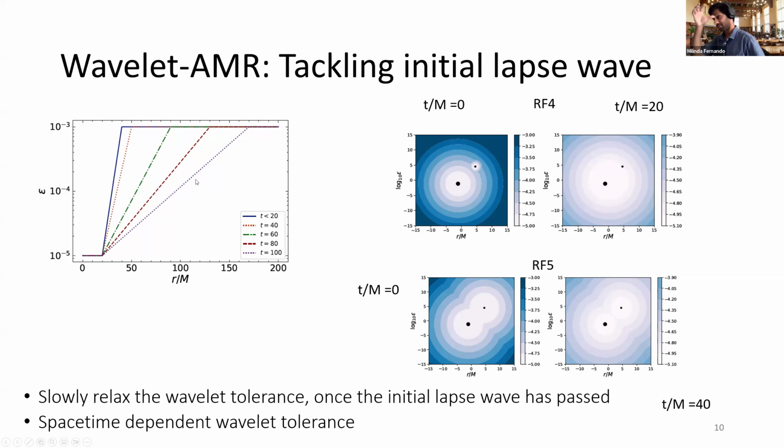So this is the main idea of this space-time dependent wavelet tolerance. Basically, we wait till the initial gauge wave has passed to refine, to hand it over to the wavelets. These are some of the different wavelet tolerance functions.